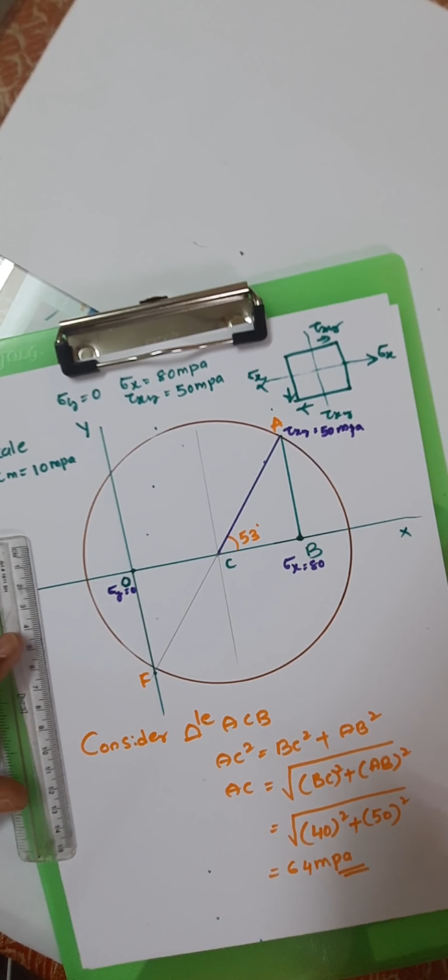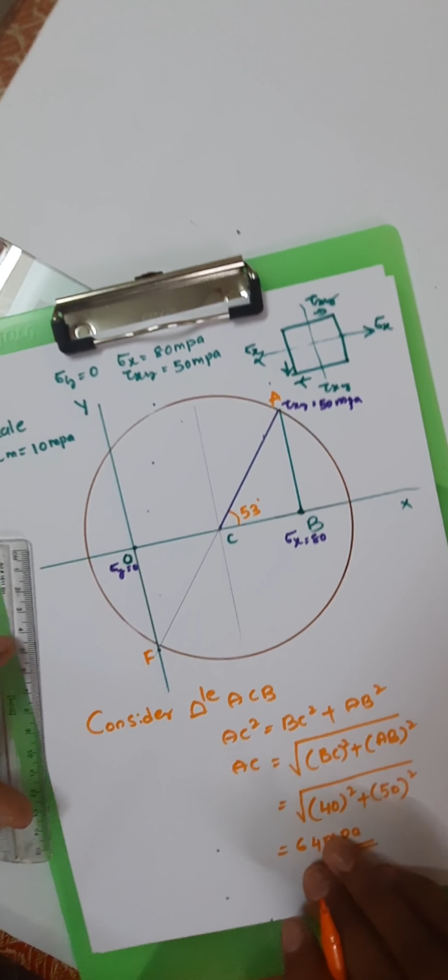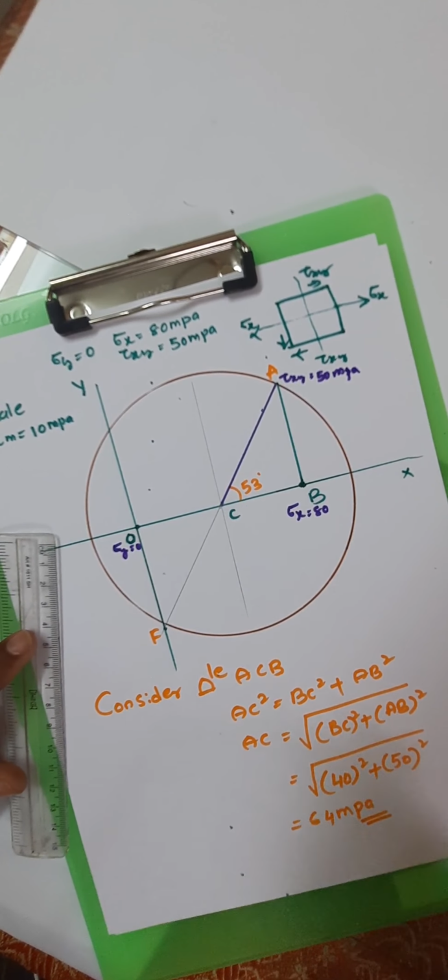So this is how we determine the principal stresses as well as the directions by using the graphical method, and you can also cross-check whether your problem is correct or wrong.